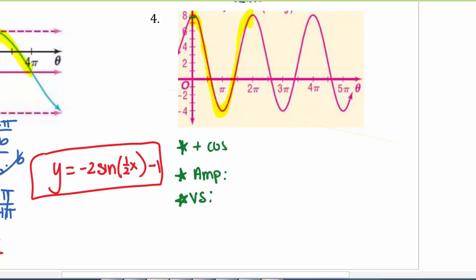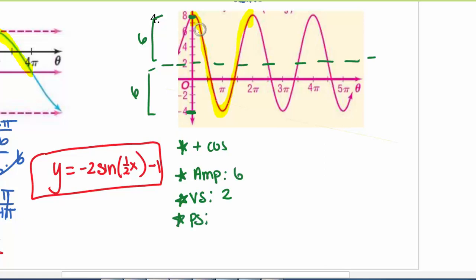So if my max is at 8, and my minimum is at -4, the halfway point between those two is 2. So my vertical shift is 2, because the distance from both -4 and 8 to 2 is 6. My amplitude is 6. Since my x values start at 0, I have a phase shift of 0.